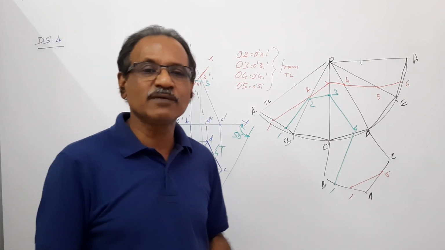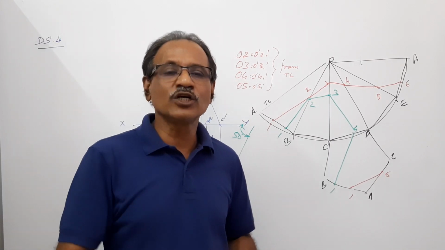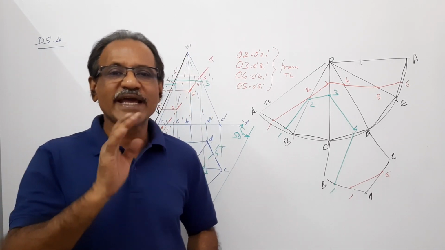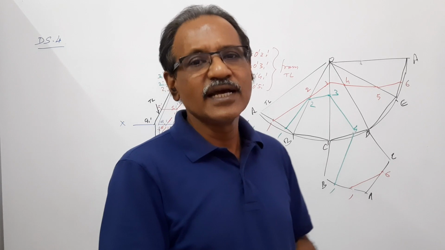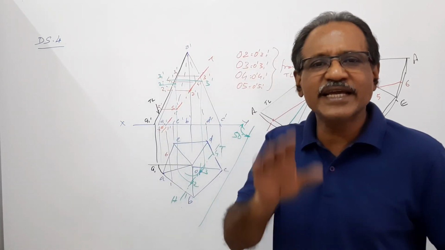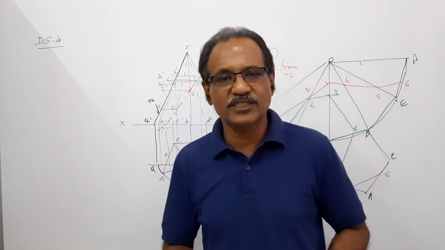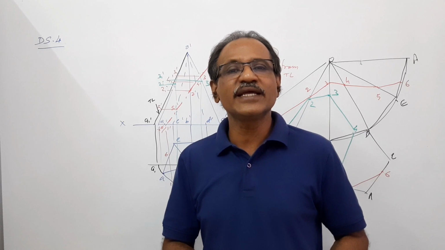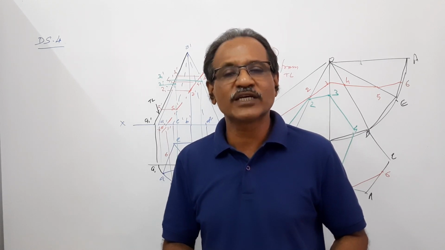We have drawn 4 prisms, 4 cylinders, 5 cones and 5 pyramids: 5 plus 5 plus 5 plus 4 plus 4, 18 reference problems. There is a very high probability that you get any one of these 18 reference problems in your university examination. Agreed?